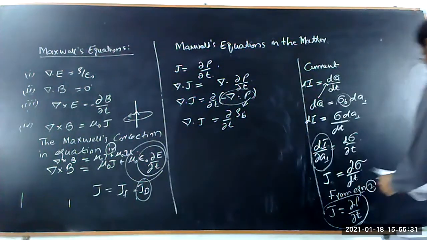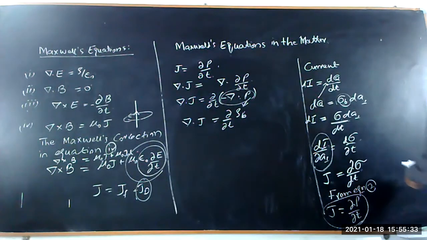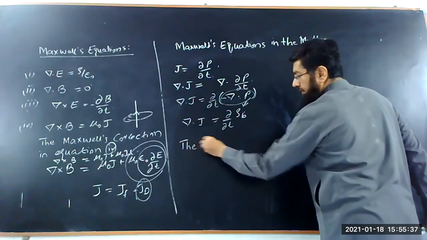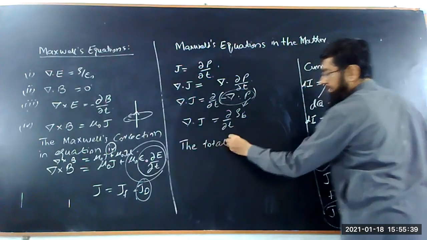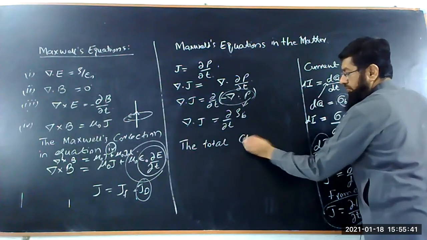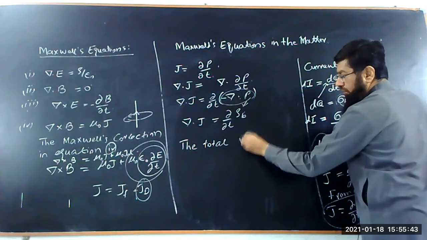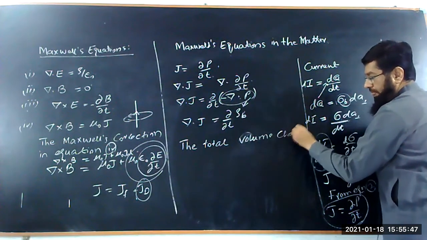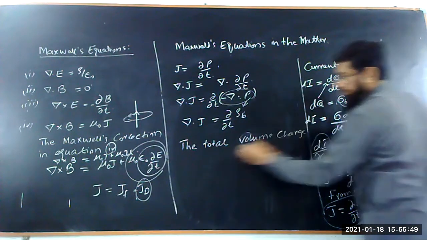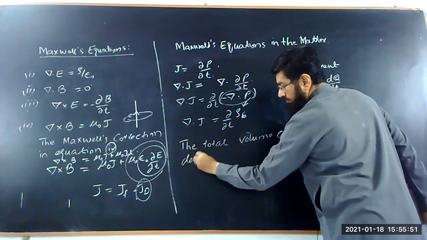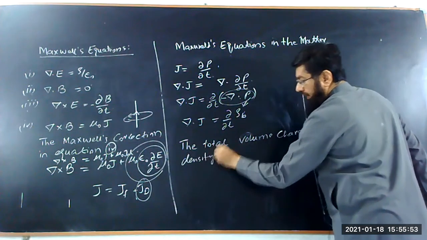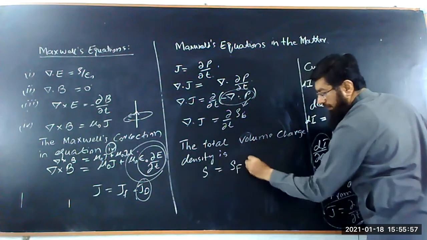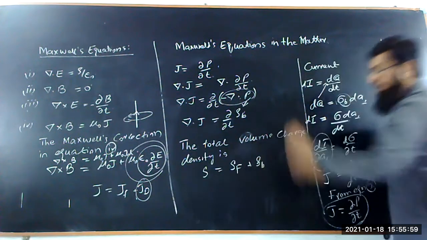this equation can be rewritten in terms of the total volume charge density, rho, which is the sum of the free plus bound charges.